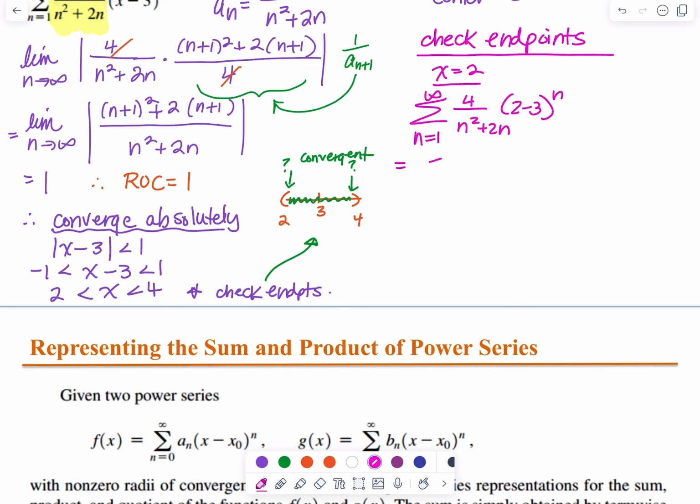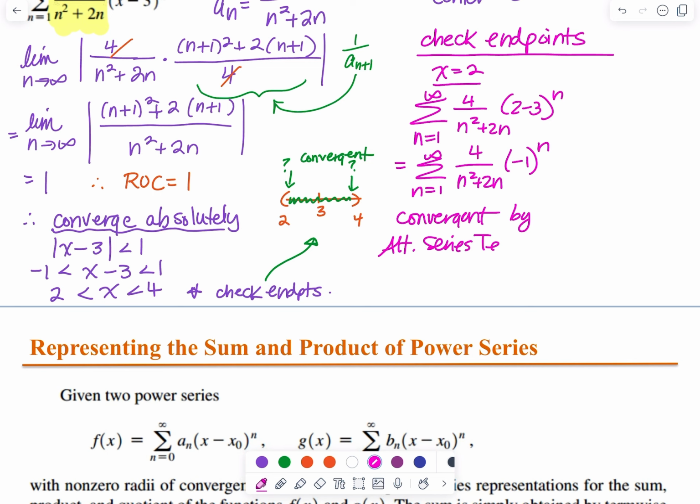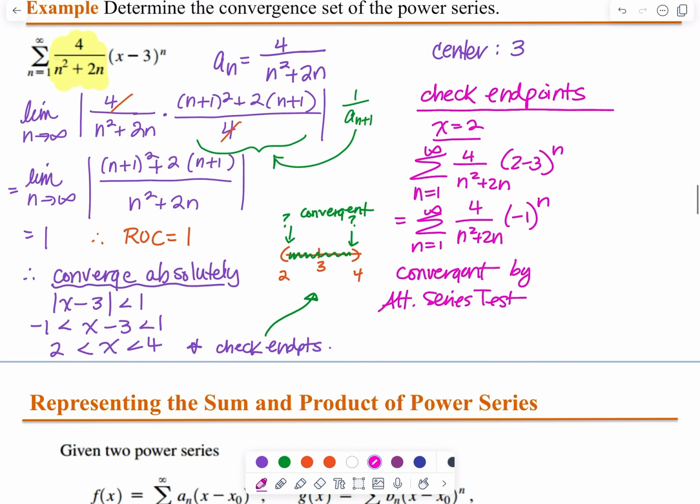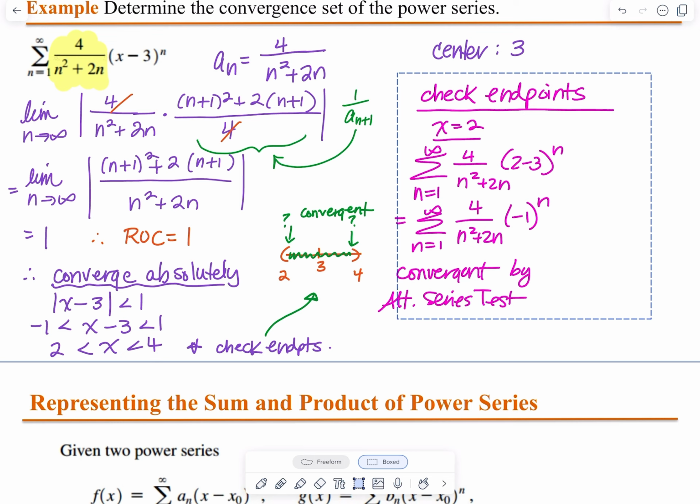And that's going to give us 4 divided by n squared plus 2n times negative 1 to the nth power. So this is convergent by the alternating series test. And you may need a little review of some of these convergence tests. We do keep it a little bit basic here.